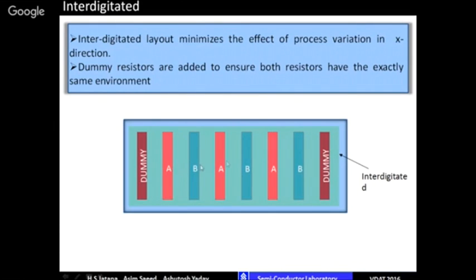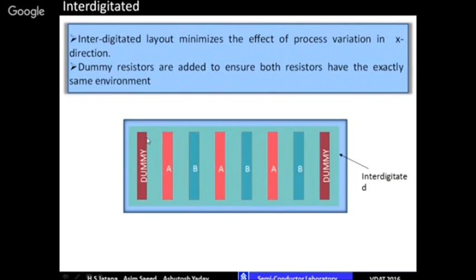This A is surrounded by two B. When you do the etching in this area and this area, this area will be uniform. So this means this width will be same. It will not be over etched, it will not be under etched. Right? But if you see this A, here it's an open. Okay, so since they're open, there can be more etching, over etching. So this width of this A will become less, and this B also become less.